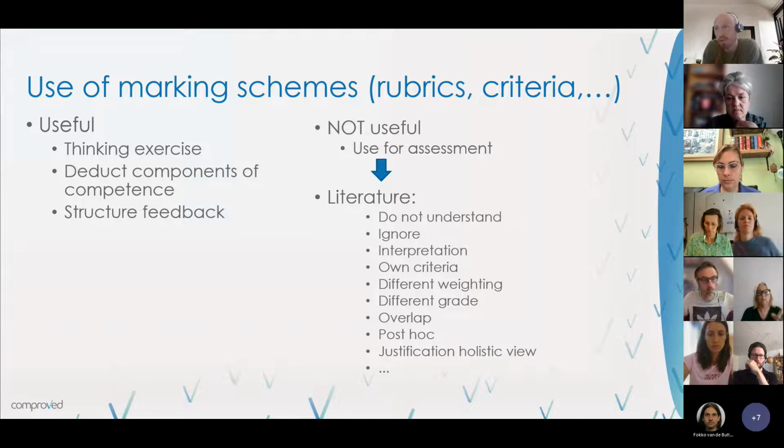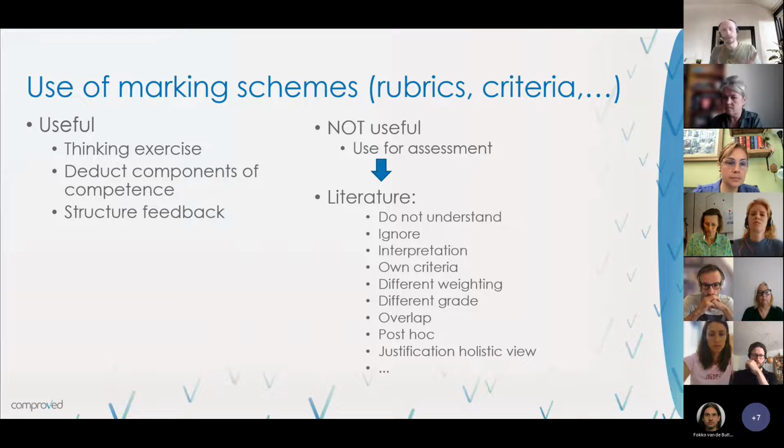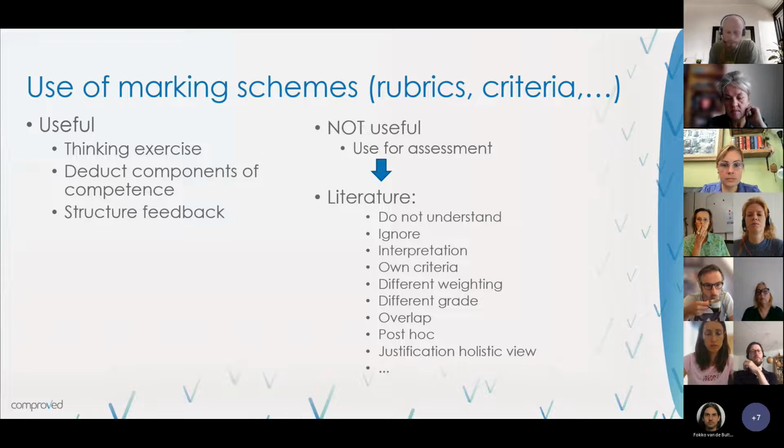They use their own criteria, have different weightings, different grades, and most of the time people use it as a justification of their gut feeling. They read a paper, get a feeling of, okay, this is such a grade, and then they fill in the rubric or the criteria, so it confirms their beliefs.